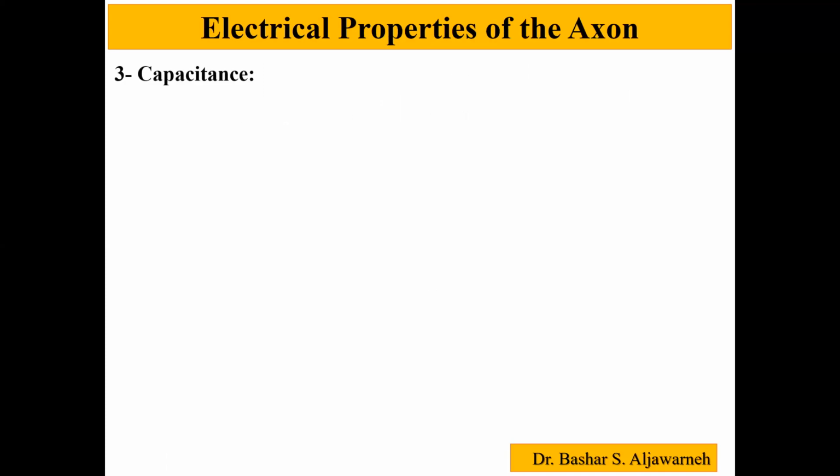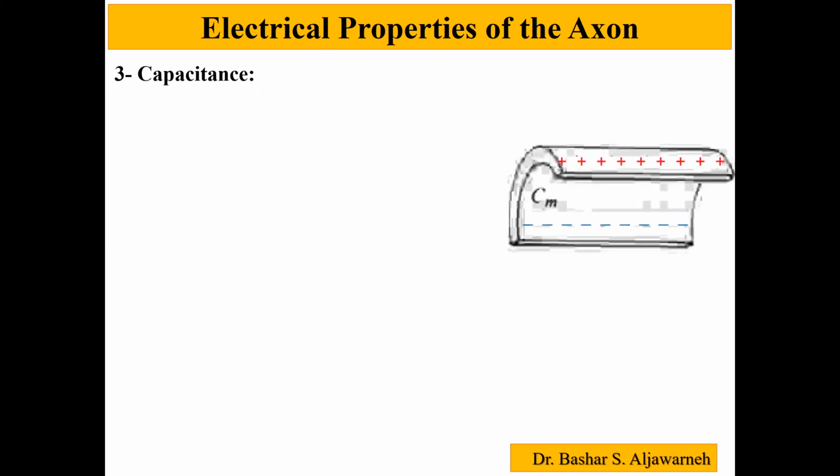Third, we are talking about the capacitance. As you can see here, this is part of the membrane, and we have accumulated charges here, but be careful. When we are talking about the membrane, we are talking about a thin, flat plate with two opposite charges.